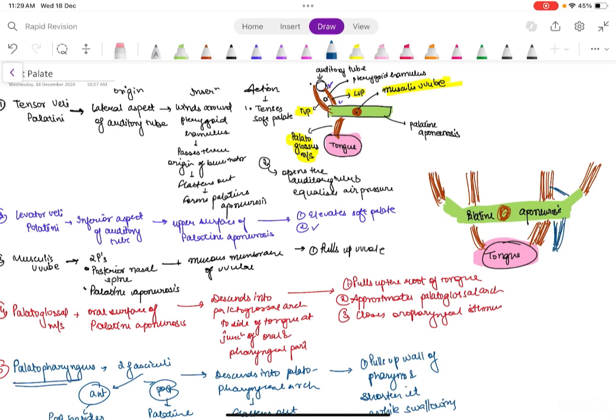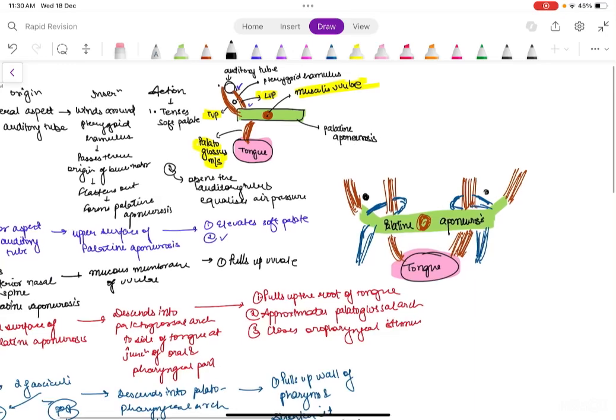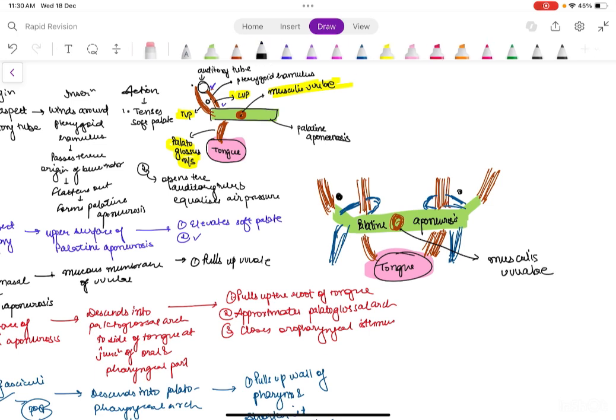Now this is the muscle that we skipped, but we will do it anyway. So here is our pterygoid hamulus. As you can see, the palatine aponeurosis. The easiest muscle to make out in this diagram is musculus uvulae, right?